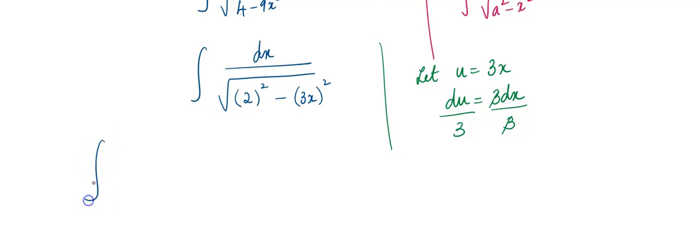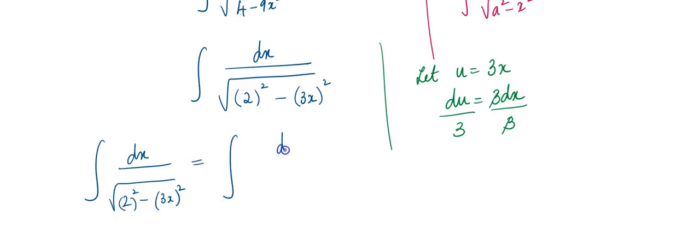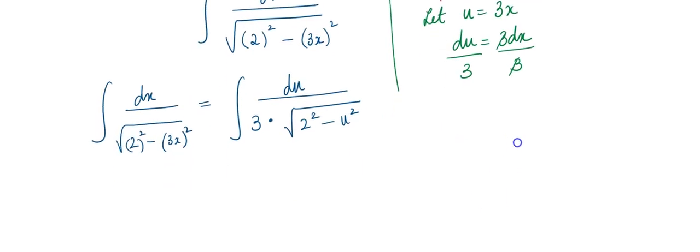So integral dx over square root of 2 squared minus 3x the whole squared will now be du over 3, and then there is square root of 2 squared minus u squared. Do we see that? So we have a way to substitute that.